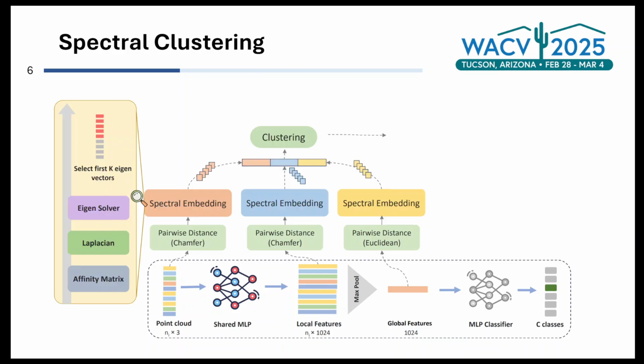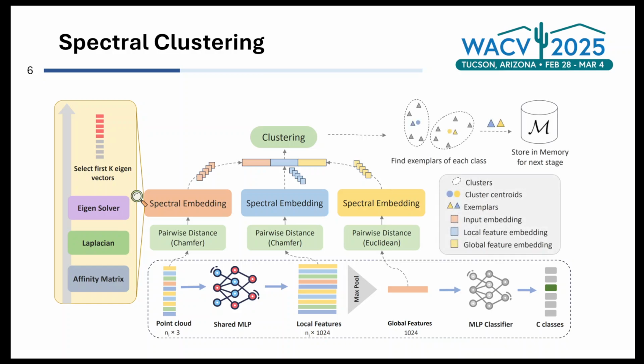We apply spectral clustering in all three domains, extract spectral embeddings, and combine them into a unified representation. Then we cluster this fused representation and select diverse samples near the cluster centroids. These exemplars are stored in memory for the next incremental stages and help the model to retain knowledge effectively.